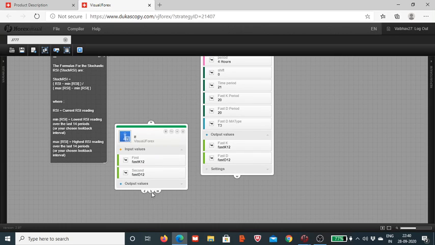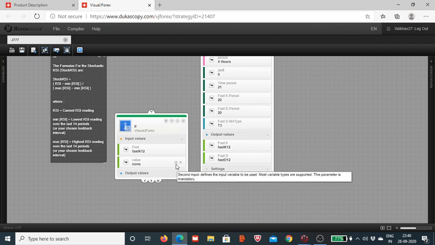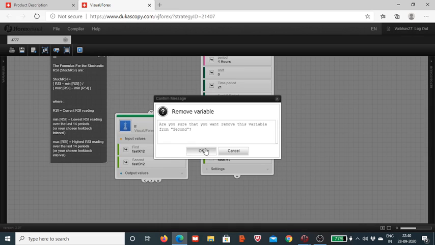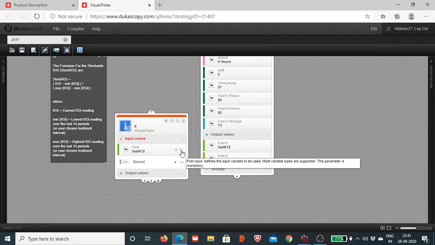So here we have these flows, we have these options of defining the relation between these two output values, the fast K and fast D, and you can choose to compare this fast K with the fast K of another lookback period. You can do that as well. So this is only one example of how you can use these output values.